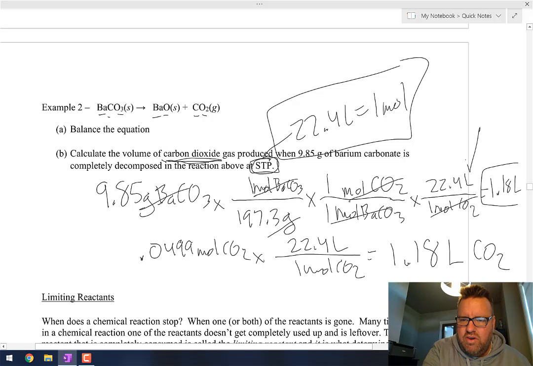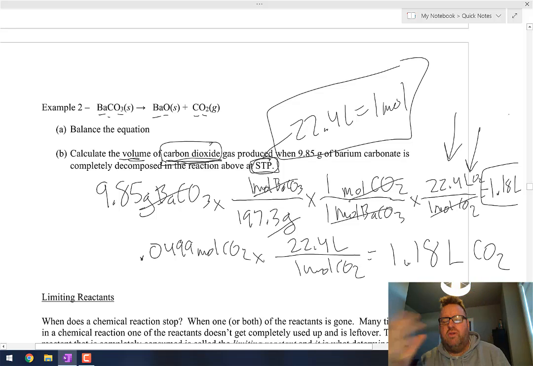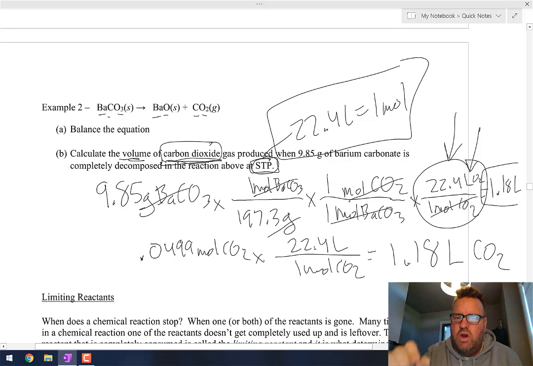And if we've done it correctly, that's liters of CO2. Once you have the correct units for volume and it's CO2 rather than BaCO3, then absolutely yes, you can use that. Just like converting moles back to grams, or just like converting moles to molarity or moles to volume using concentrations, of course you can just do 1 mole, 22.4 liters when you know it's a gas and you know you're at STP.